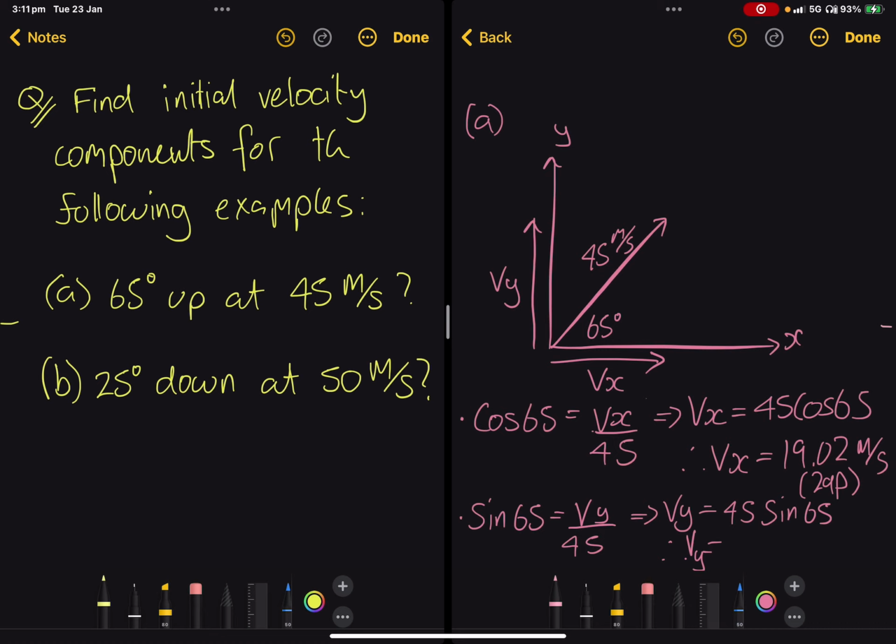So 45 times sine 65 gives us 40.78 meters per second. And they're both positive. Velocity in x is going in the positive x direction, velocity in y is going in the positive y direction. And these are the answers for part A.